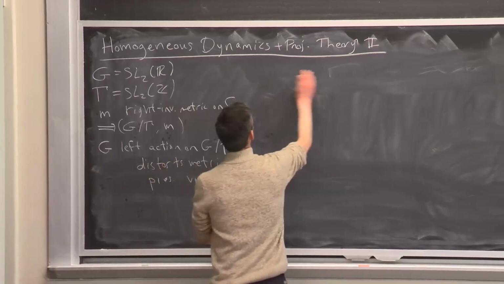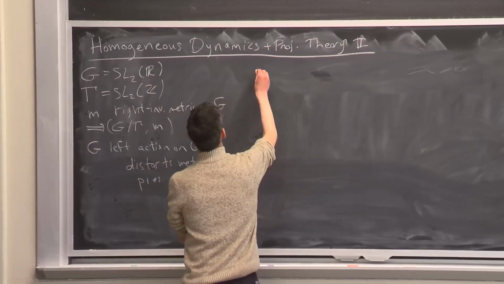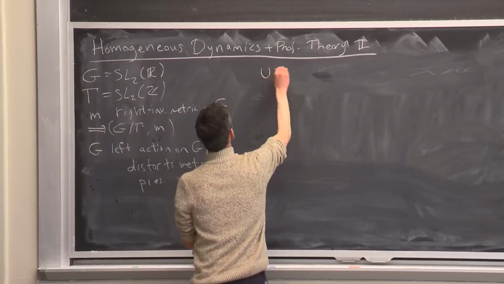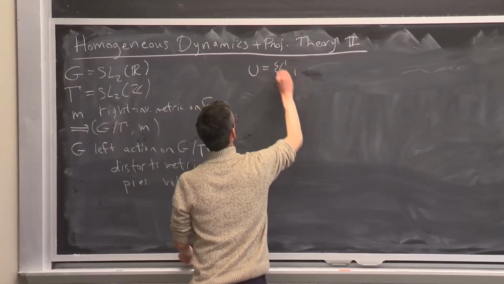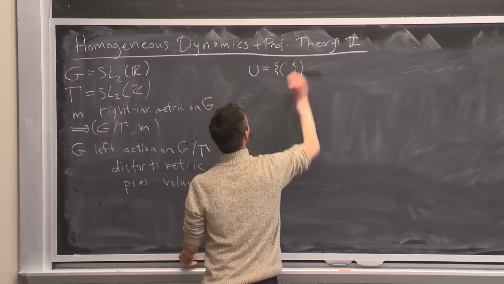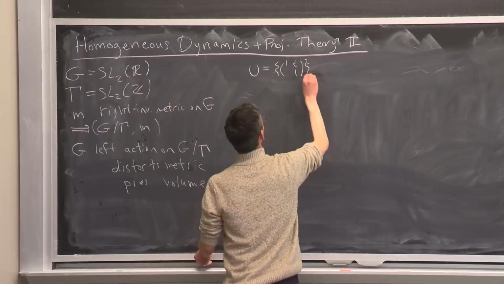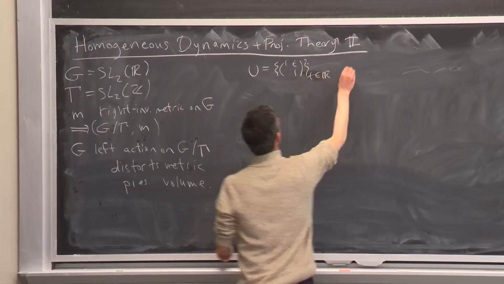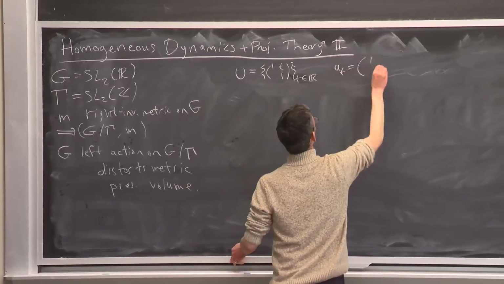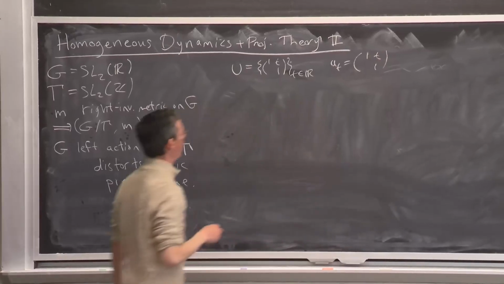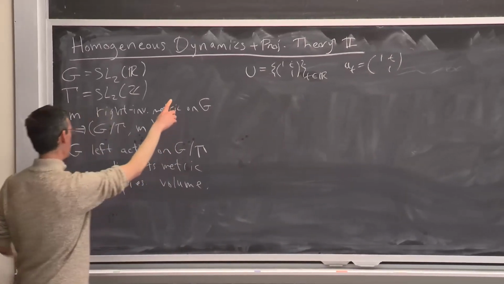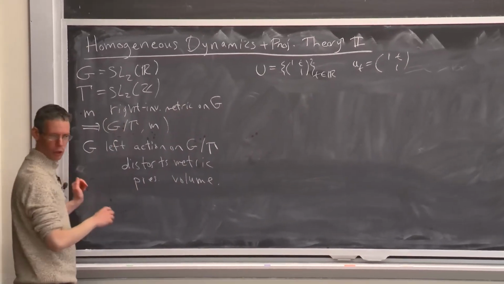Okay, now inside of this group, we have the unipotent group. And let's say u_t is (1, t; 0, 1). And our goal is to understand how the unipotent orbits in G mod gamma look.